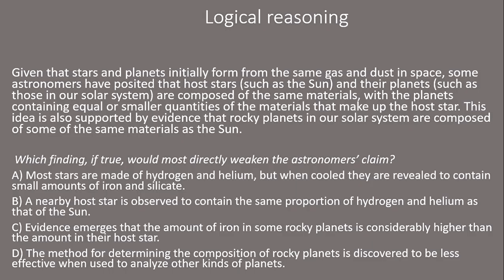So you have to read your text carefully, identify what the claim of the astronomer is, and then find out from these options which of the premises presented would cast doubt on the astronomer's claim. You can drop the answer in the comment section if you get it.